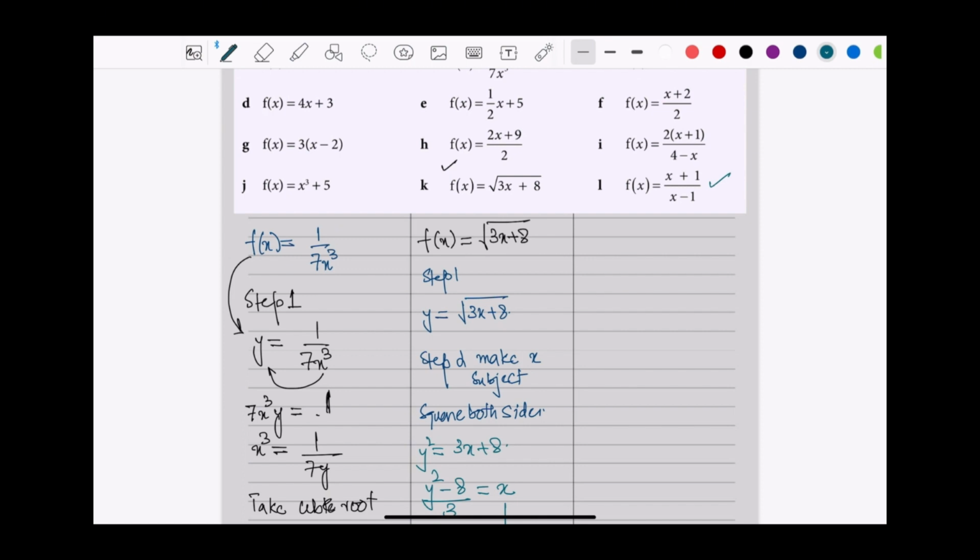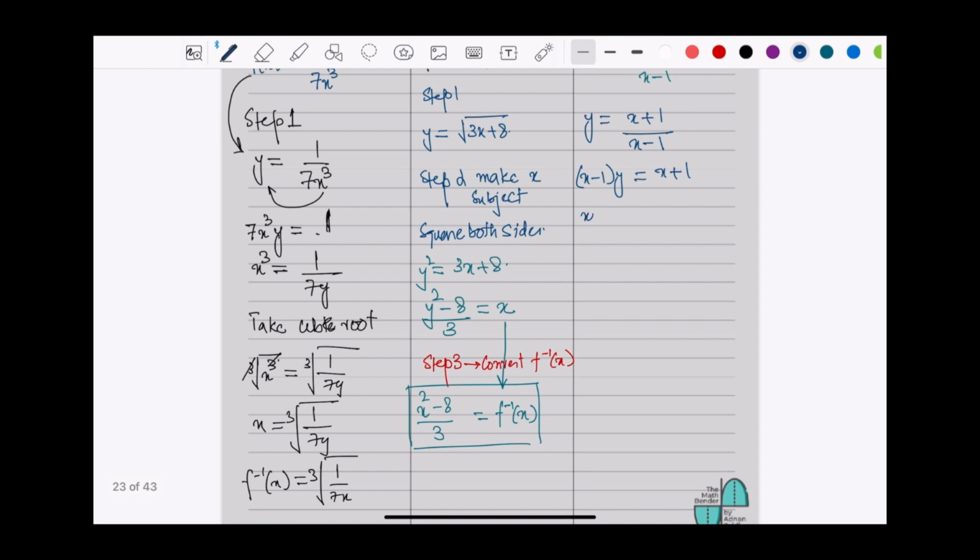Let's talk about this one. So f of x is equal to x plus 1 over x minus 1. Now my step 1 is y is equal to x plus 1 over x minus 1, and x minus 1 times y is equal to x plus 1. And now xy minus y is equal to x plus 1.